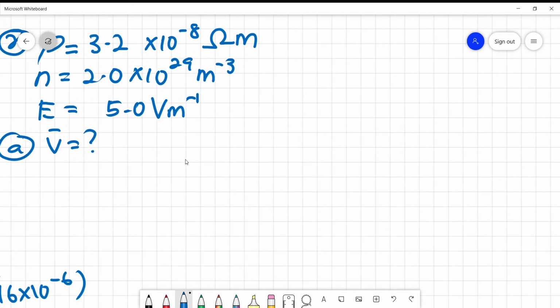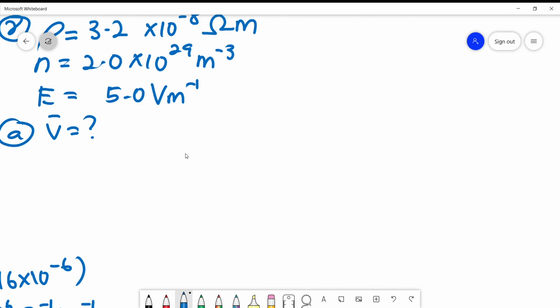For my idea, what we have here is I equals nevA. I just try this formula, I am not sure whether it is correct, so let me just try for a while.